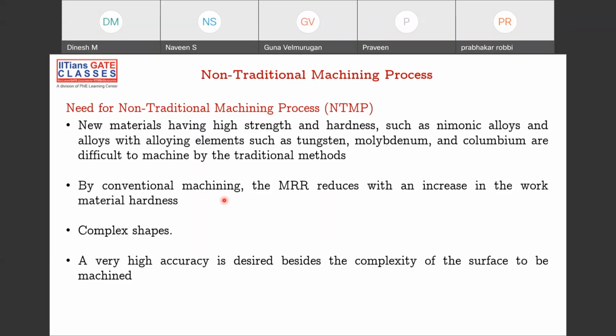But if there are very complicated structures or geometries or shapes, it's very difficult for us to machine by using traditional methods. Yet we have non-traditional machining, where highly intricate shapes can be manufactured. And besides, obviously, somebody was mentioning, you can achieve very good accuracy in the case of non-traditional or unconventional machining processes. Right.